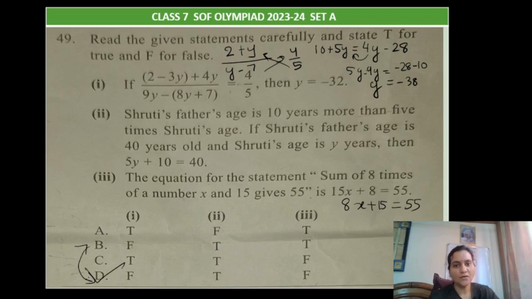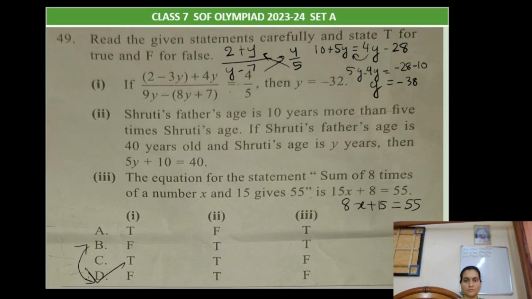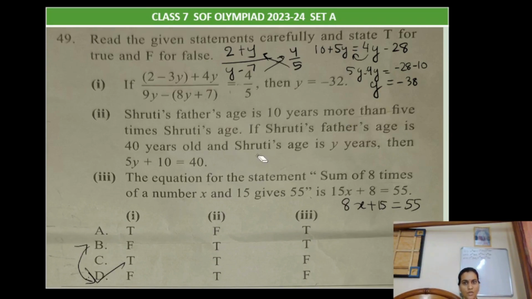But for the sake of solving, still I'll go ahead and solve the bit 2 question also. So bit 2 question says Shruti's father age is 10 years more than 5 times Shruti's age. If Shruti's father age is 40 years old and Shruti's age is y years, then 5y plus 10 equal to 40.